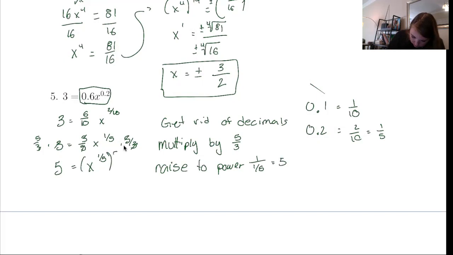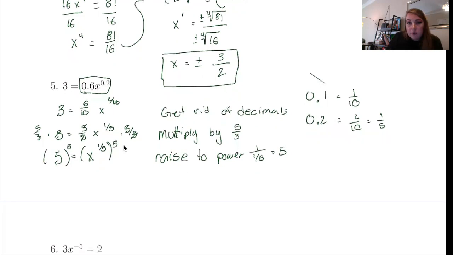So I would do a 5 here and a 5 here. I wouldn't actually give you a number this big, so you definitely need to put this in my calculator. So I would get 5 to the 5, which is just 3,125.